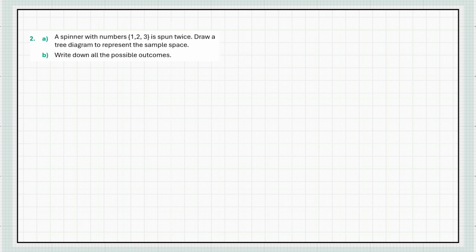So we have a spinner with the numbers 1, 2, and 3, and it's spun twice. So we're going to draw a tree diagram to represent the sample space, and then write down all the possible outcomes. So again, instead of choice 1, we'll just do spin 1, and then spin 2, and then outcome. Alright, so again, we're going to start out by putting all of our options for spin 2, and then all of our options for spin 1.